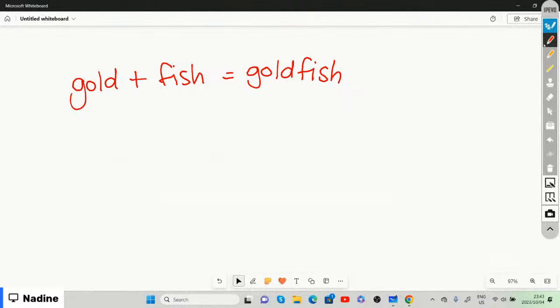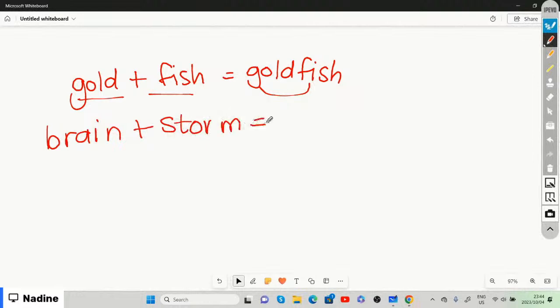I made goldfish. Can you think of any other words before our lesson ends? Two smaller words that we add together like this, and then we get our compound words. Yes, beautiful. So we have brain plus storm.